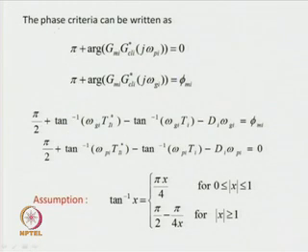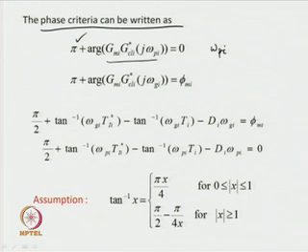Now, the phase criteria can be written as follows. At the phase crossover frequency ω_pi, when the point lies on the negative real axis, the phase crossover frequency gives us an expression like π plus argument of G_mi G_cli* (jω_pi) is equal to 0.